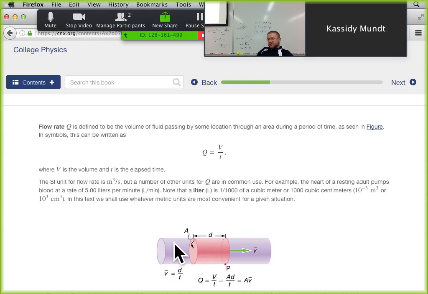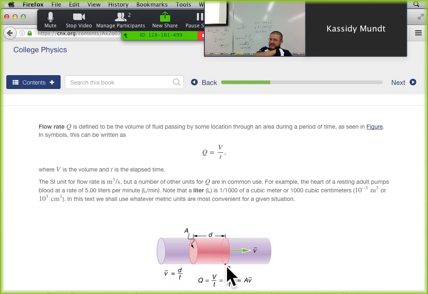We've got this cylinder of space where some volume, this pink volume, is moving forward, has some average velocity v bar here, and the volume is defined by this length d and this area A. So if you multiply the cross-sectional area A times d, you'll get the actual volume of this little pink cylinder. And the flow rate, Q, would be equal to that volume divided by the time that it takes that volume to pass a point P.